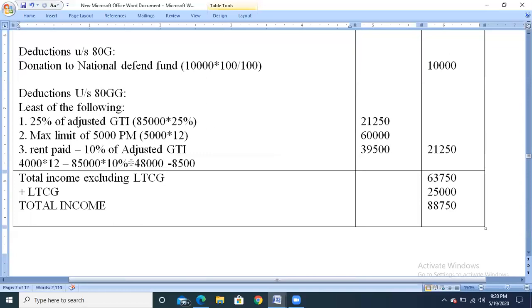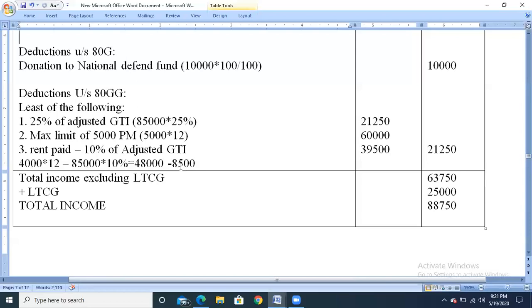And rent paid. He is paying rent of rupees 4,000 per month, so 4,000 into 12 minus 10% of adjusted gross total income. Adjusted gross total income is 85,000 into 10%, we get 8,500. So 85,000 into 25% gives 21,250. 5,000 into 12 gives 60,000, and rent paid is 4,000 into 12, 48,000. 10% of adjusted gross total income is 8,500.